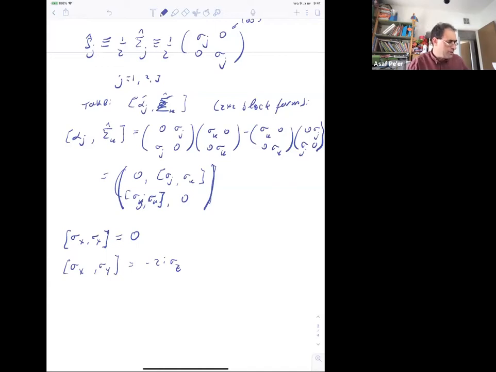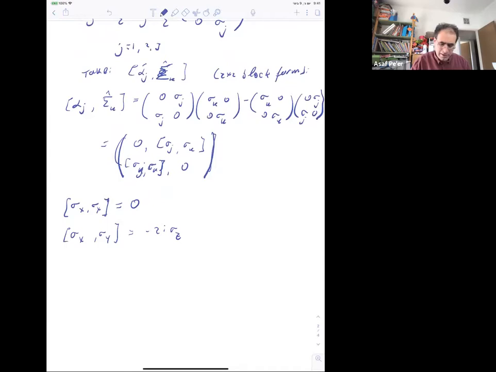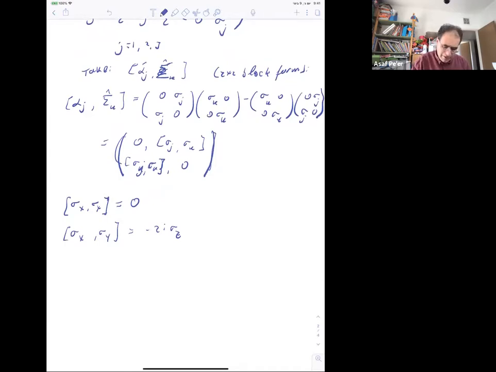Just in case you don't remember, easily check that. So if we do that, let's take a specific example here. Then you have that the commutator of alpha x and Sigma x is going to be 0, right? Alpha x and Sigma y is going to be 0, 2i sigma z, and then 2i sigma z, 0.